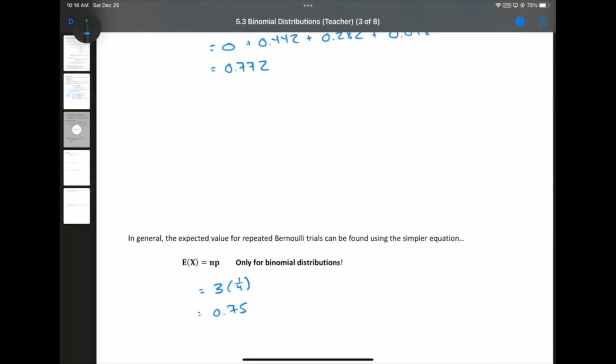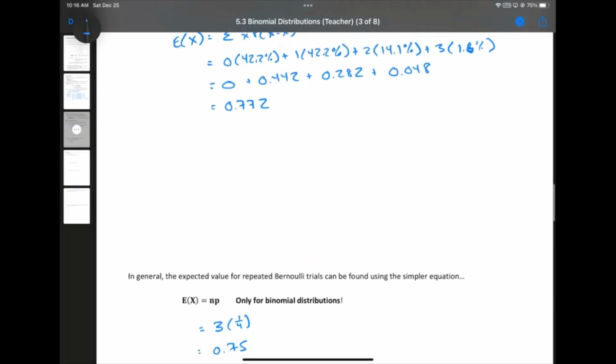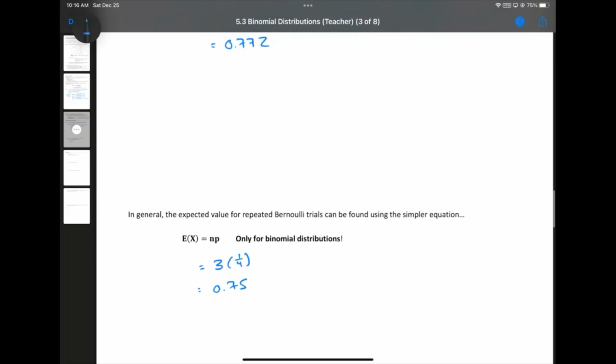Turns out that not only is the second equation easier to use, it's actually more correct. The reason for that is that in our first equation, all of the probabilities that we used were rounded off. So that one actually does have rounding error. Not a huge amount, but enough that it is different. The correct answer is 0.75.